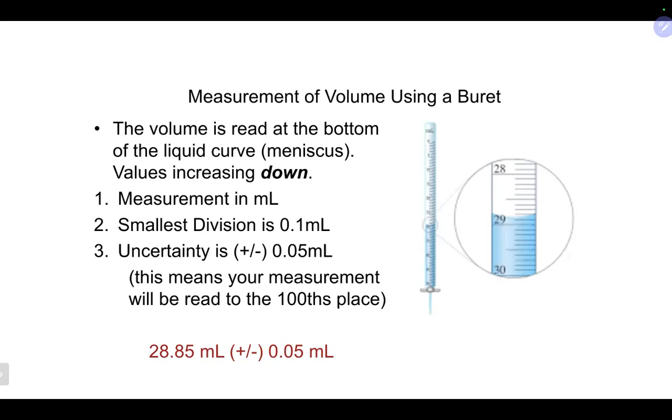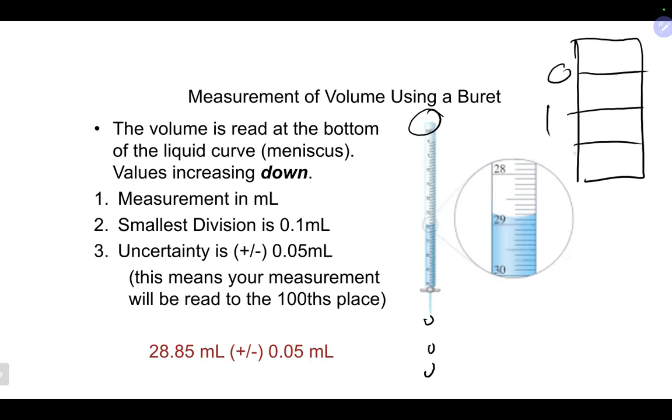So we fill the buret from the top, and it drips out the bottom. If you go to the very top of the buret, it is 0. Then it is 1, then it is 2 milliliters, and so forth. So as you drain it from the bottom, the volume starts to drop.